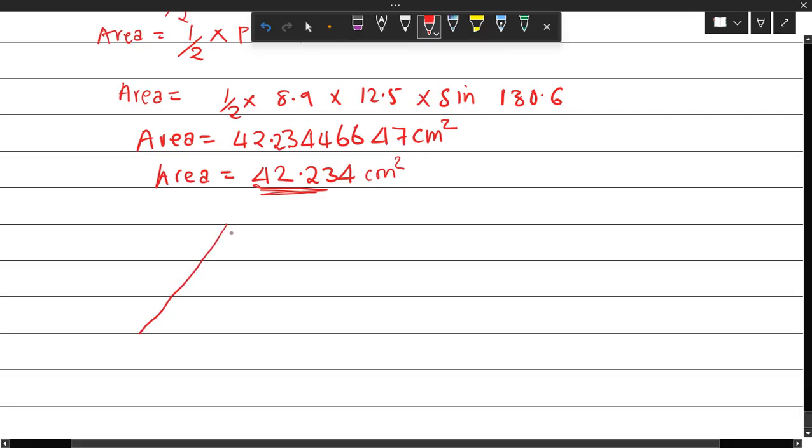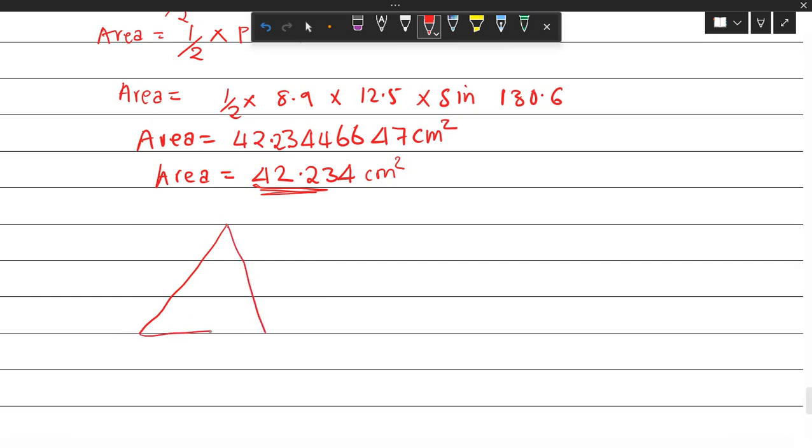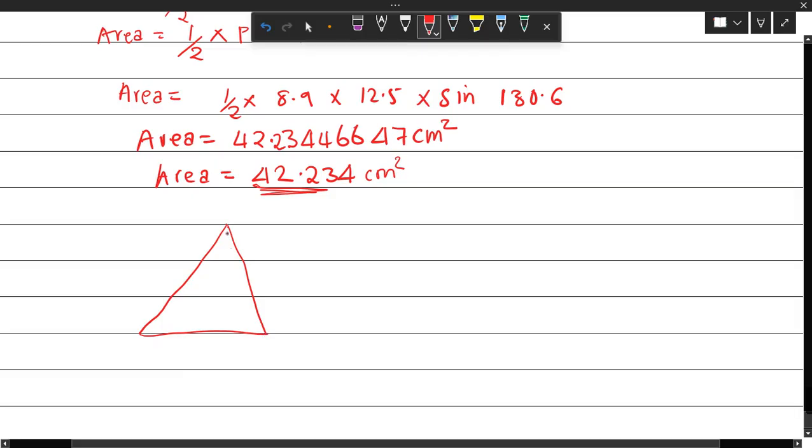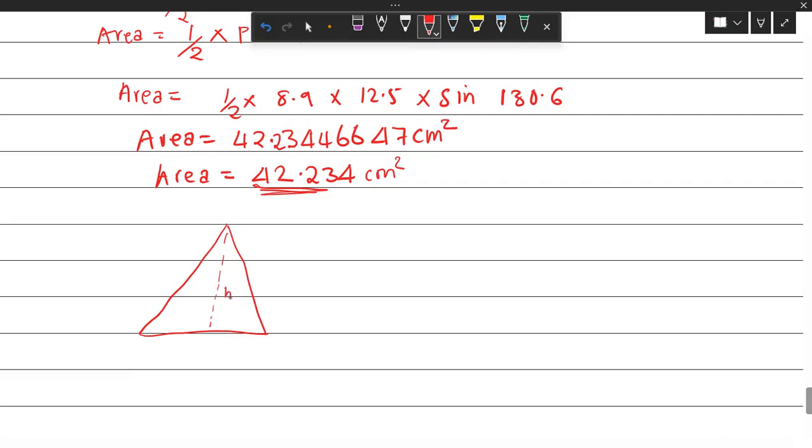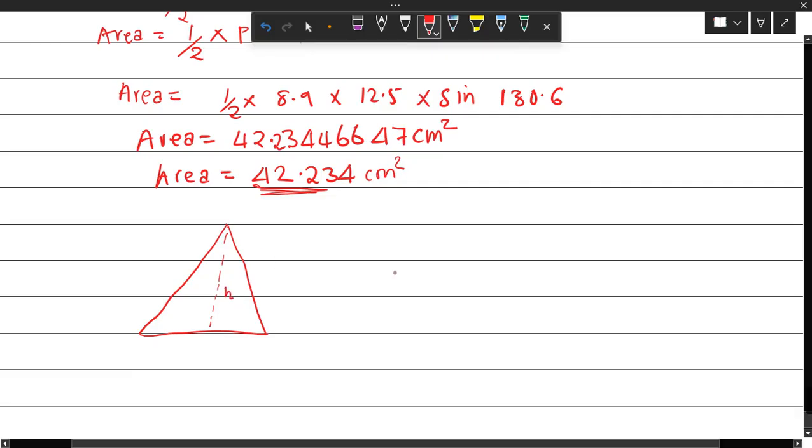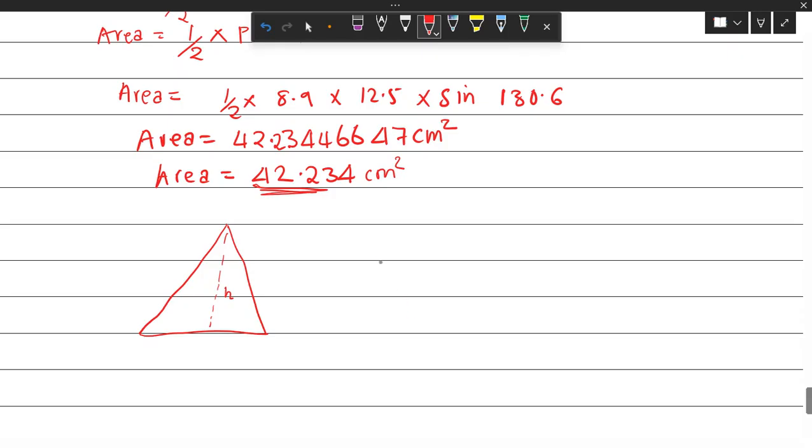So we draw the triangle. Okay, so this is the triangle. And the shortest distance we want to calculate is this one, H. So if you guys remember very well from grade 10, 11, we learned about this triangle, the one we call the right angled triangle which looks like this.